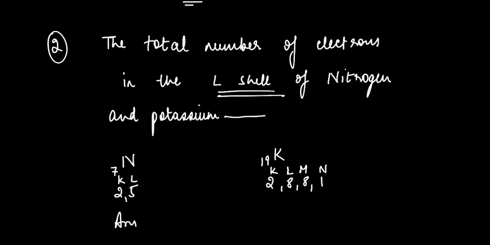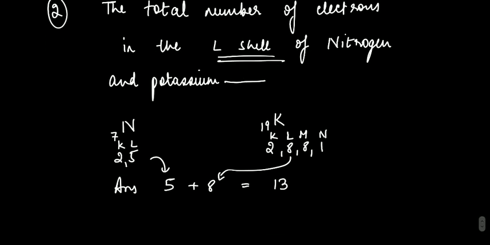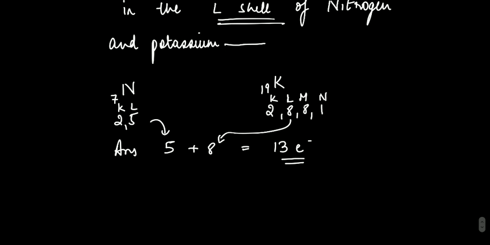So, we have 5 electrons from nitrogen and 8 electrons from potassium, so this will be 13. So 13 electrons is your answer.